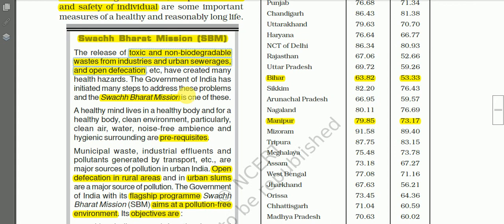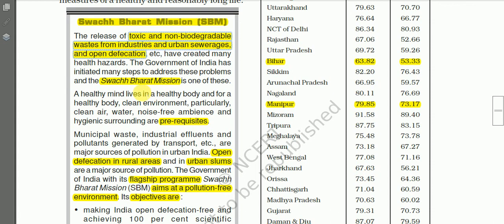At the same time, urban sewerage from bathrooms and toilets in urban buildings, and open defecation in public places, have created many health hazards and environmental pollution. The government of India has initiated many steps to address this problem, and the Swachh Bharat Mission is one of these.